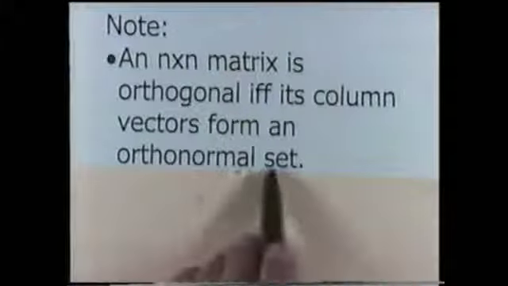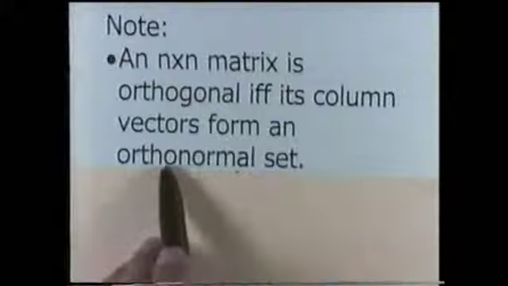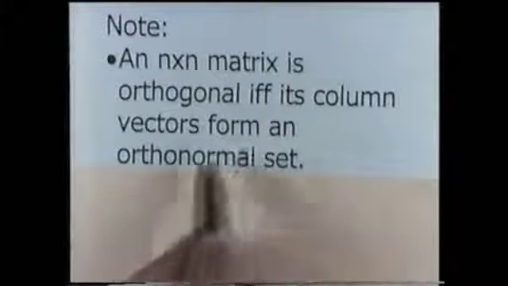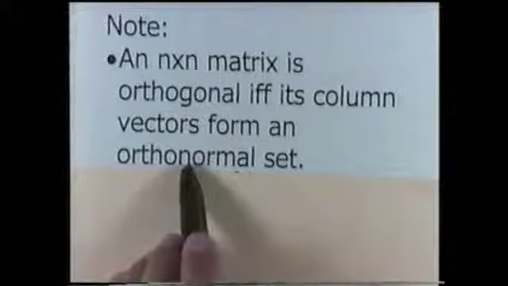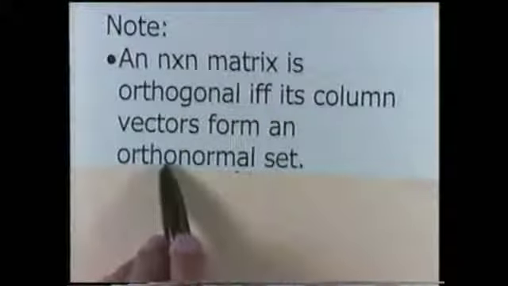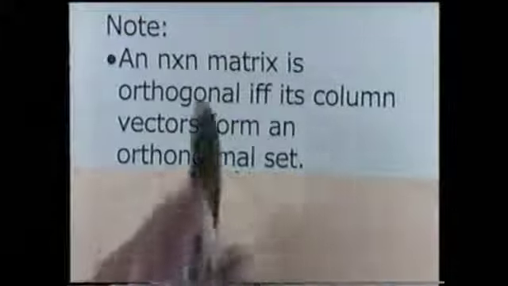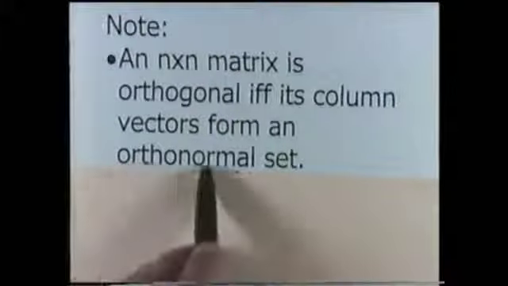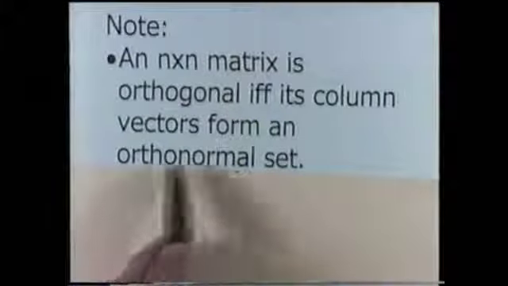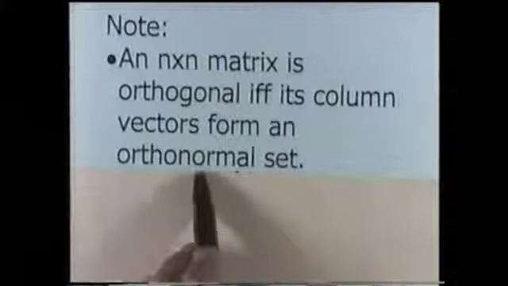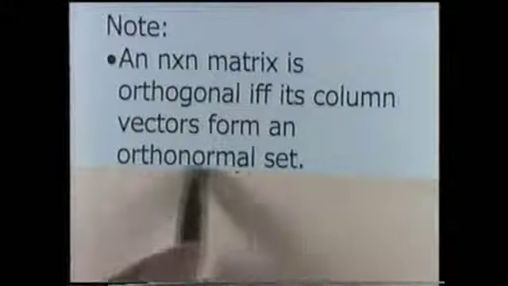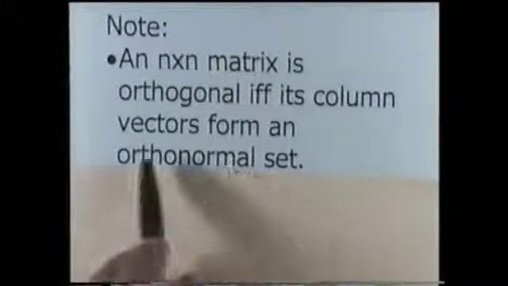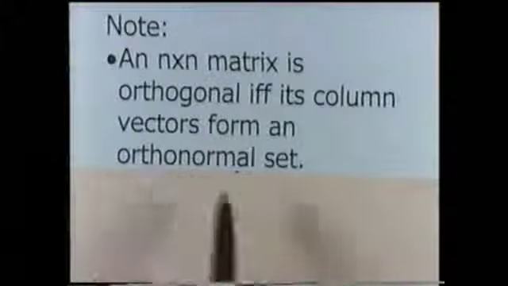What it means is that all the columns are orthogonal to each other, and each of the columns is a unit vector. So orthonormal means that the vectors are mutually orthogonal and that they're all of unit length. Those are the two things required to be orthonormal.